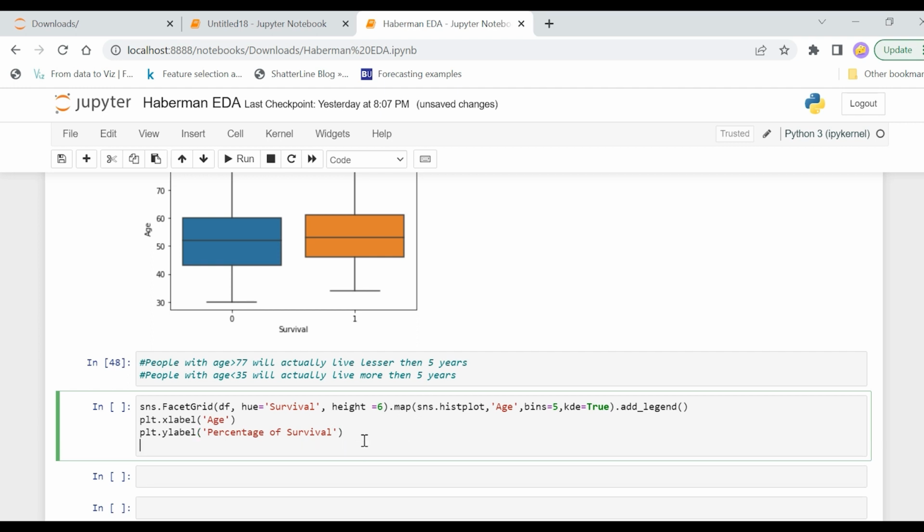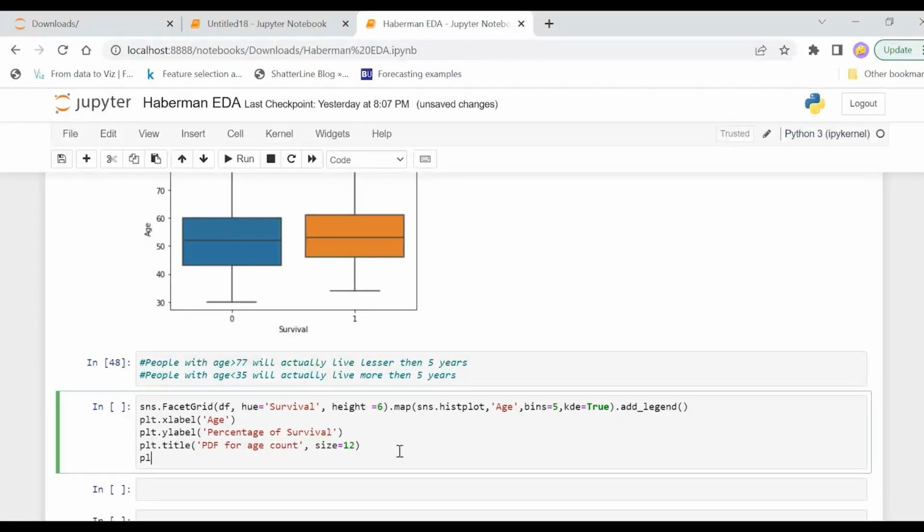And if you want to give a title, you can give it, or if you don't, you can check it. I'm just trying to give it a title to make it more presentable. That is PDF for age count. Size, I will write around 12. And then I can tell plt dot show.